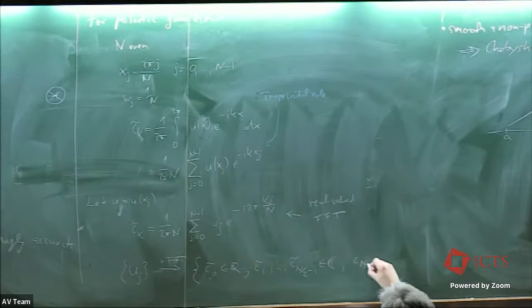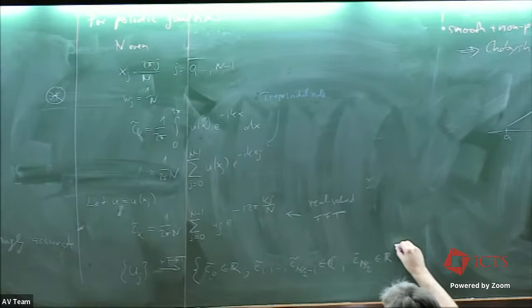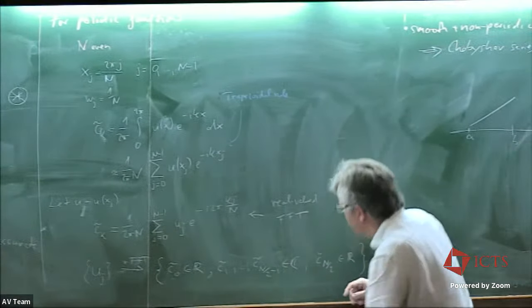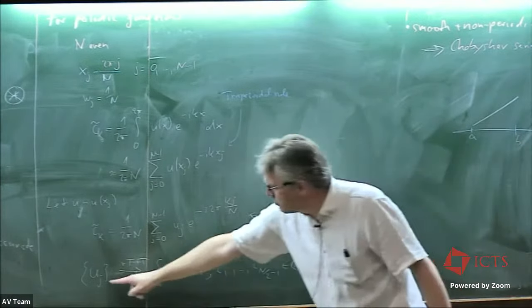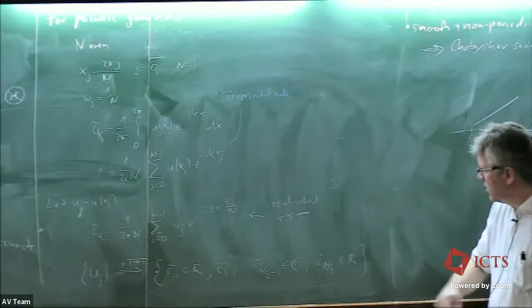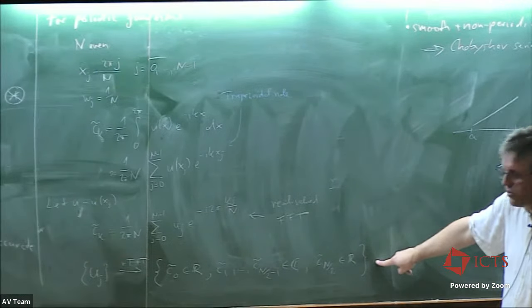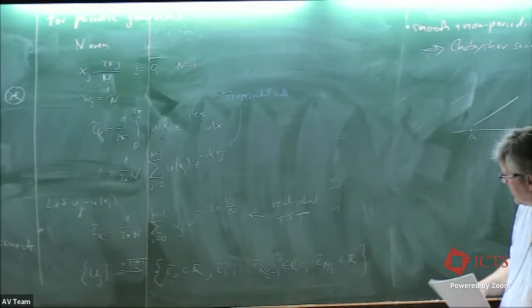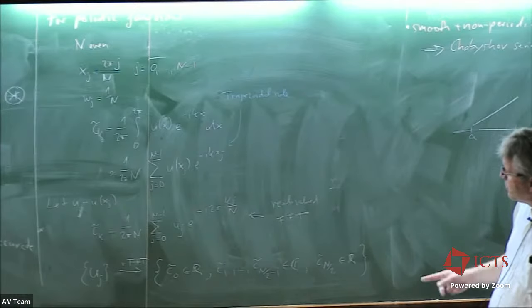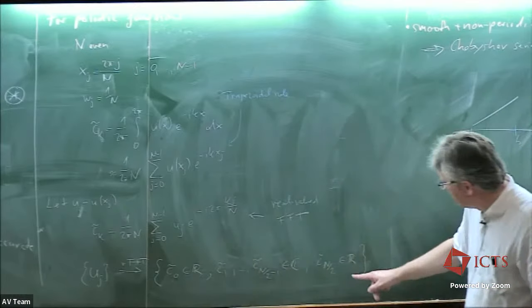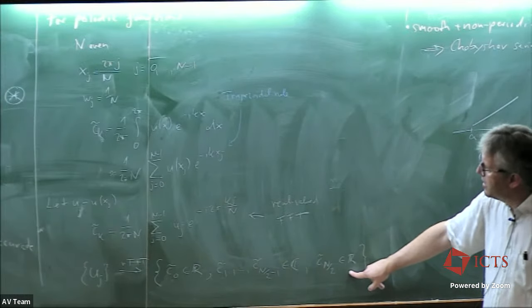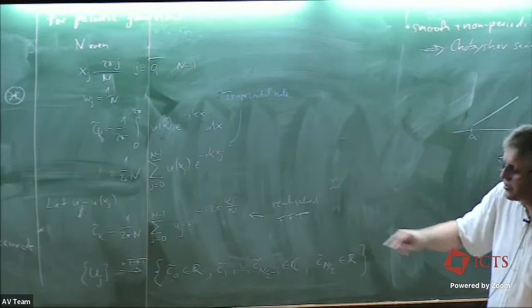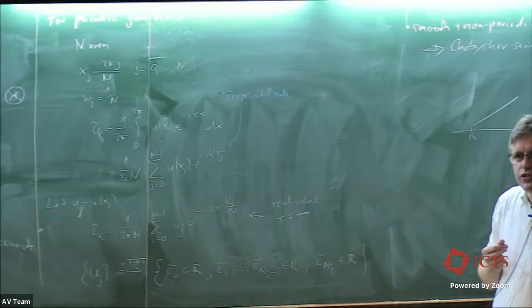And C n over 2 is again a real number. And if I've counted all my indices correctly, that means we have n numbers over here on the left-hand side, which are transformed into n numbers here on the right-hand side. And the C0 and the C n over 2 are real only because for those two things, the sine term vanishes.